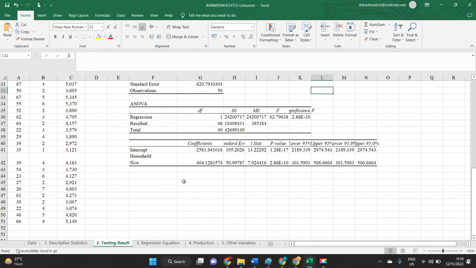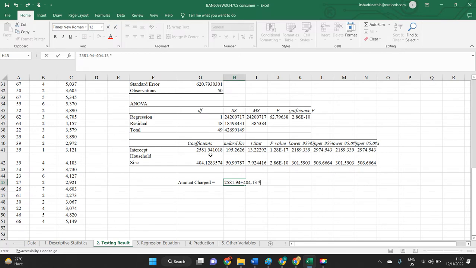Here also we write amount charged is equal to, we have to prepare the equation. Amount charged is equal to 2581.94 plus 404.13. We round it off to 2 decimals.